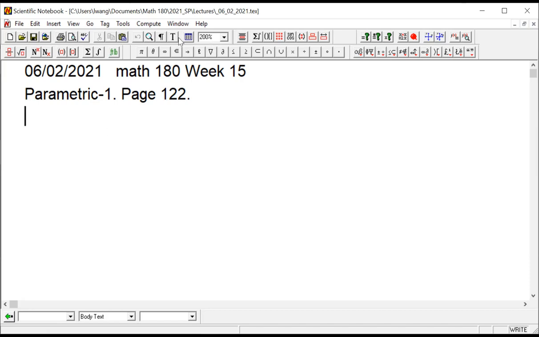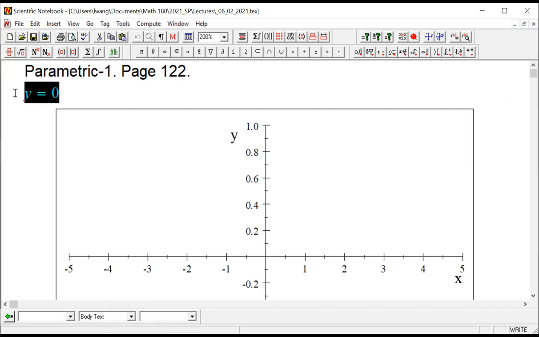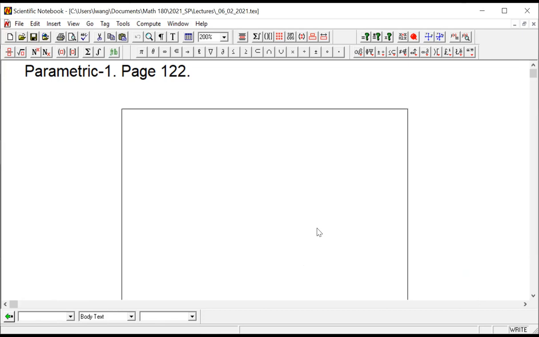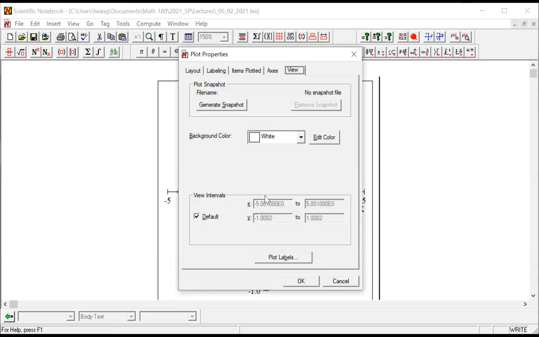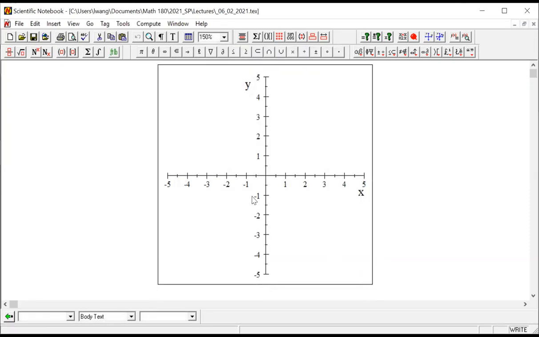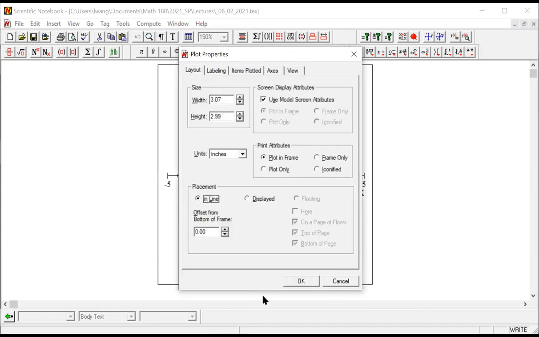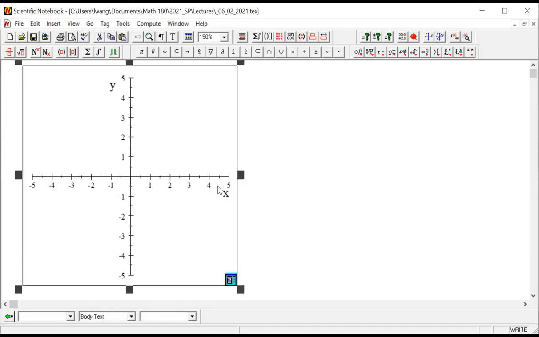Well, we start with a rectangular system. Suppose we started a rectangular system, and this is the rectangular system we are very familiar with. Okay, let me make it 150% and make some adjustment to the scale. Okay, so this is rectangular system. In this rectangular system, what do we used to do? Say if we plot a point, right?